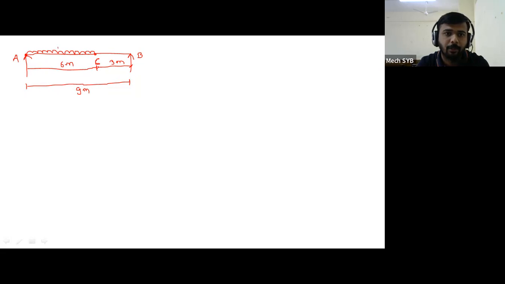Okay, the magnitude of UDL is 10 kilonewton per meter. So this is your loading diagram. You have to take the projection lines at the bottom side.